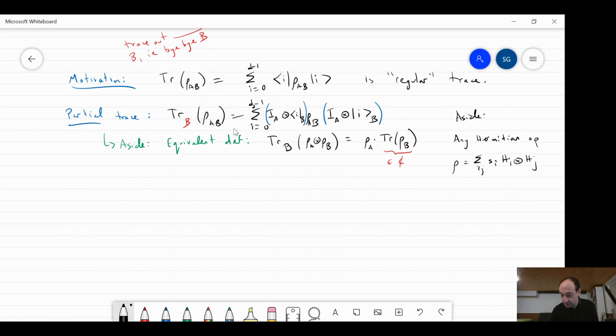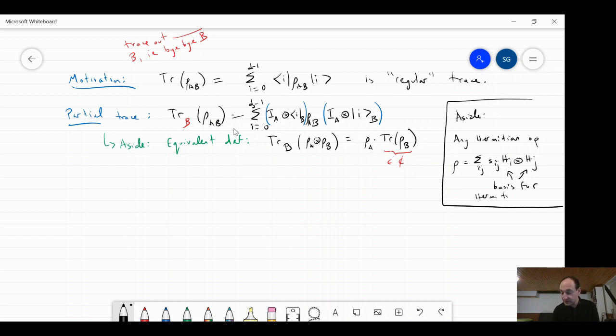So the point is that you can take any operator on this bipartite space, and you can always decompose it in terms of a so-called basis of Hermitian operators for the space. So these guys are going to be a basis for Hermitian operators.